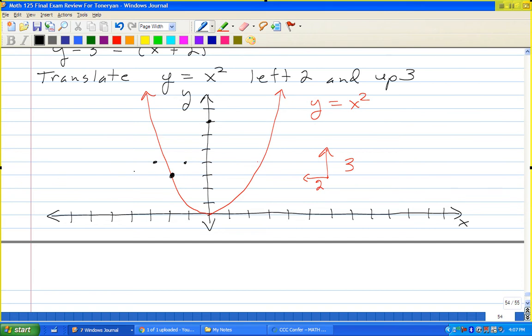Over 2, 1, 2, 3, 4. And so my graph should look something like this. And so this is the graph of y equaling (x plus 2) squared plus 3.